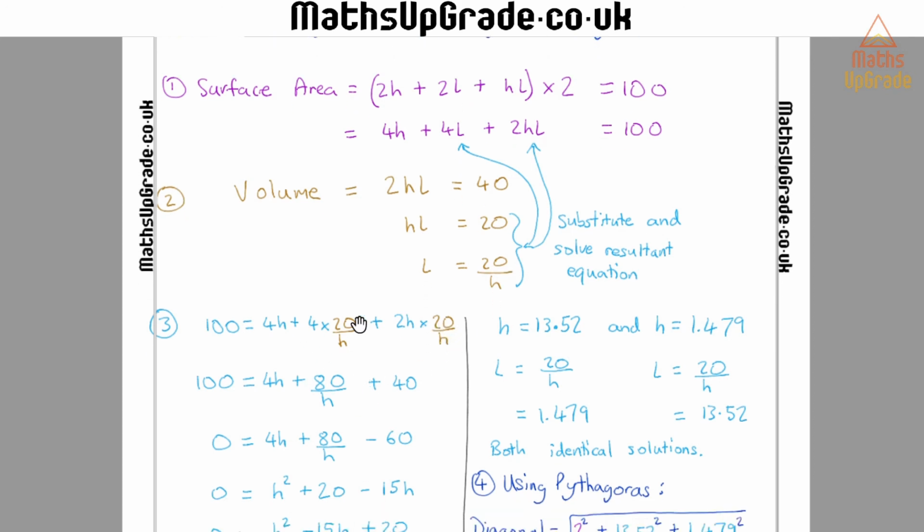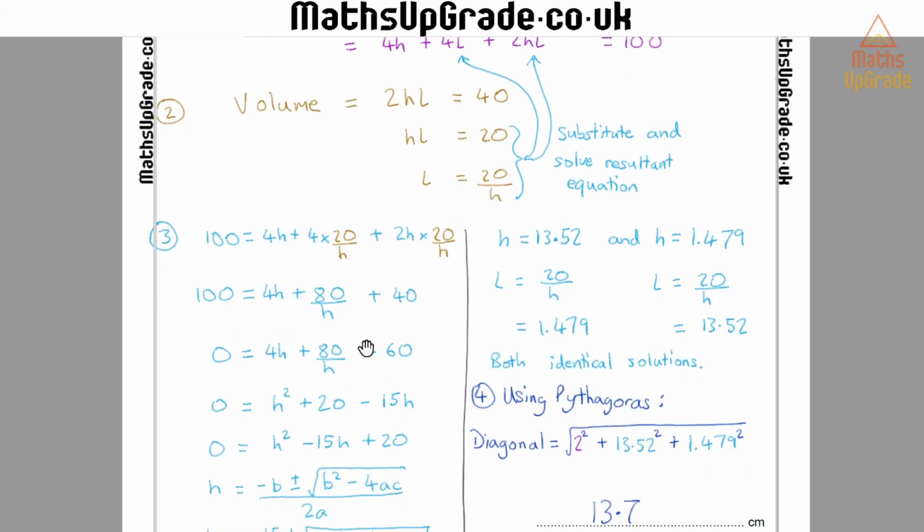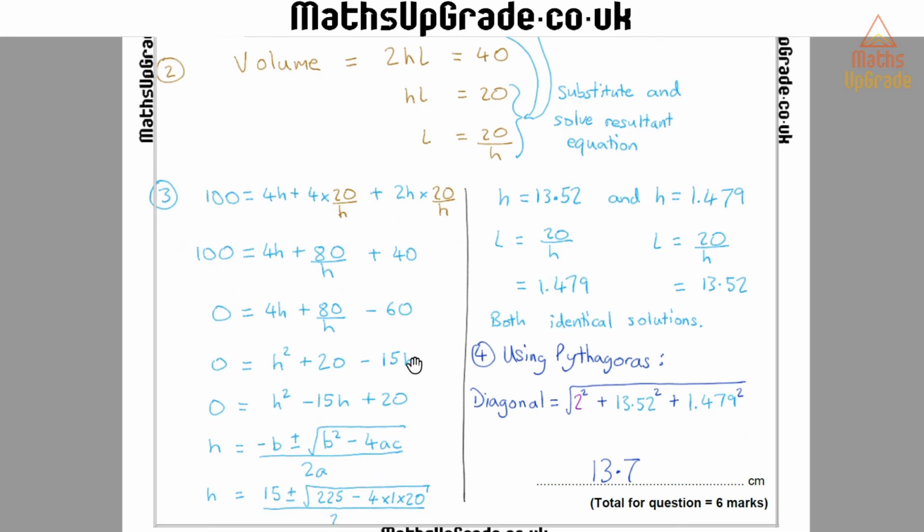If I then neaten up this equation and take 100 to this side by subtracting 100 from both sides, I've then formed a quadratic equation. From this step to this step, I'm just going to multiply through by h on both sides and then divide by 4.